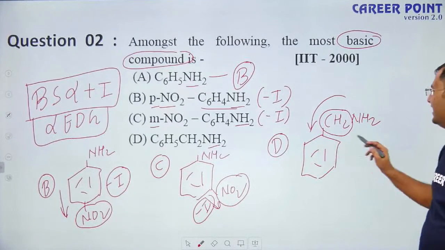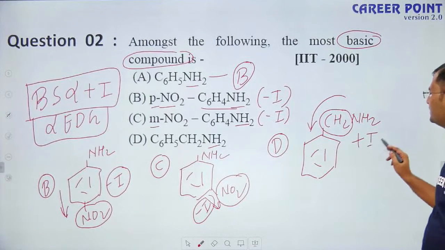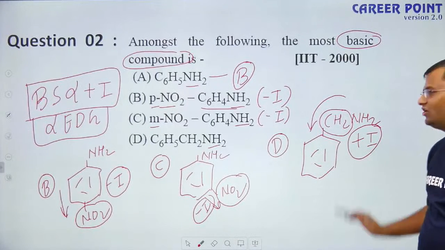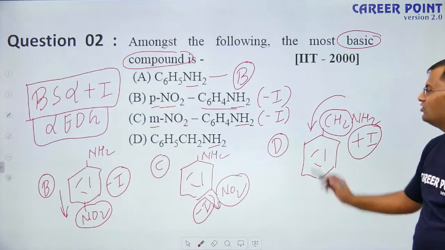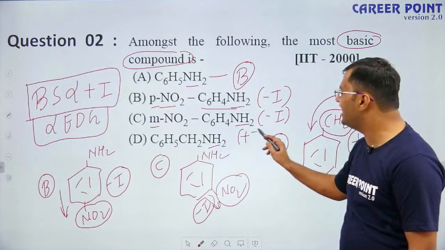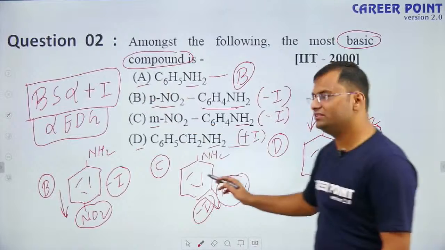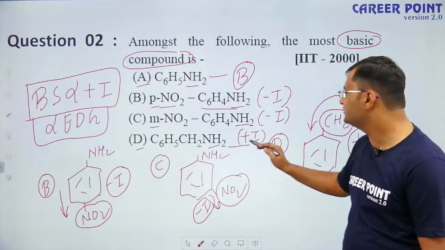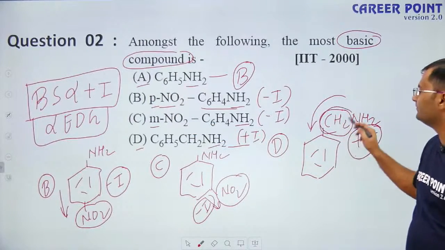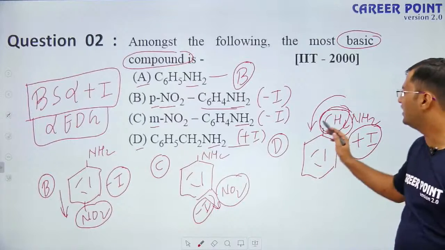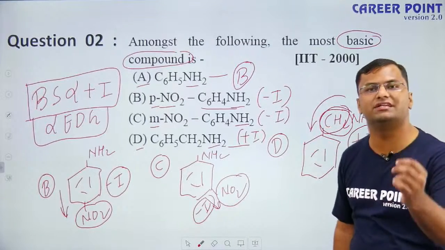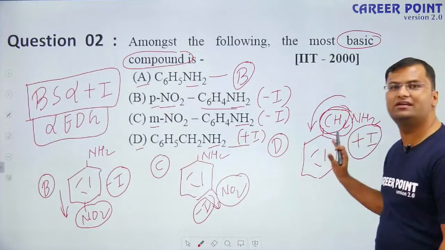So it donates the electron, which means it causes a plus I effect. Compared with D and A, this is more basic because this group donates the electron and increases the basicity of this benzene ring.